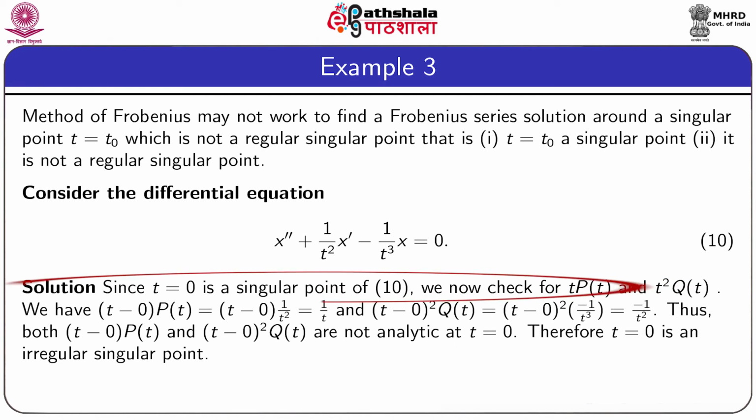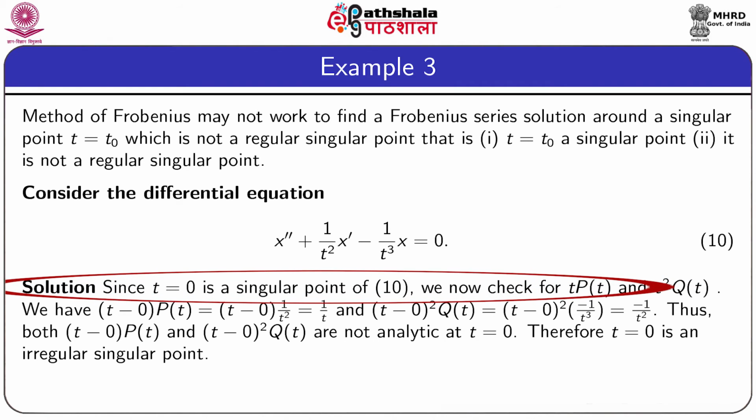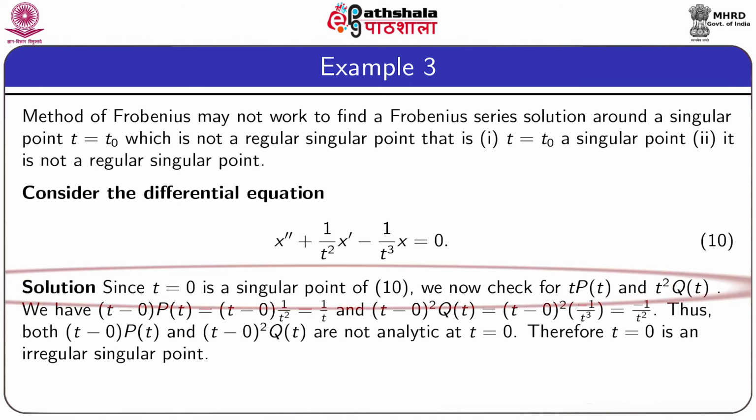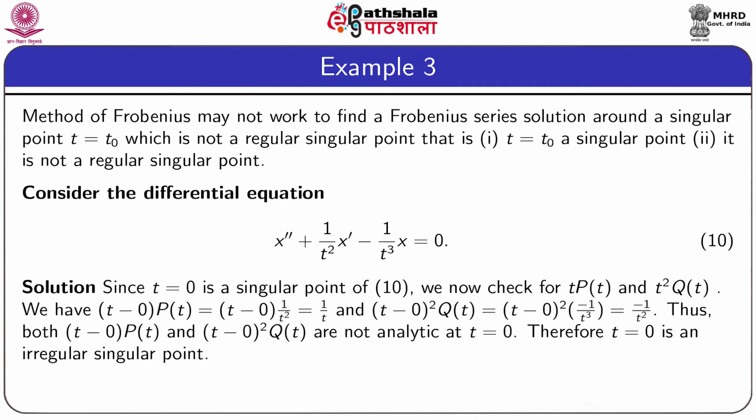Since t equal to 0 is a singular point of equation 10, we will now check if t p(t) and t squared q(t), where p(t) is equal to 1 by t squared and q(t) is equal to minus 1 by t cubed, are analytic at the point t equal to 0 or not.